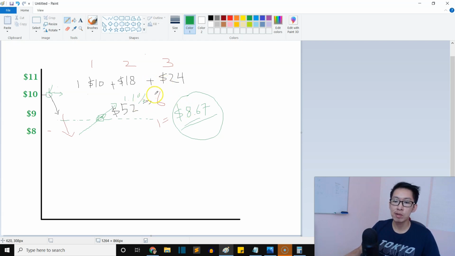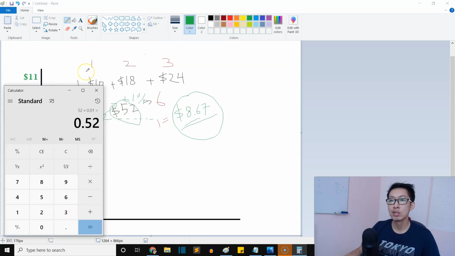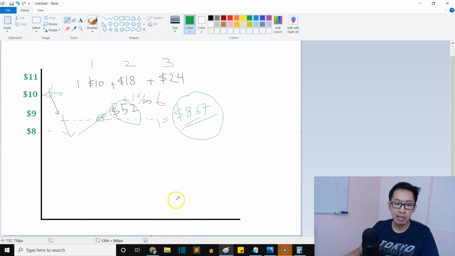So how much is the profit? The profit is 1.1% of the $52. That is 52 multiplied by 1%, which is 52 cents.